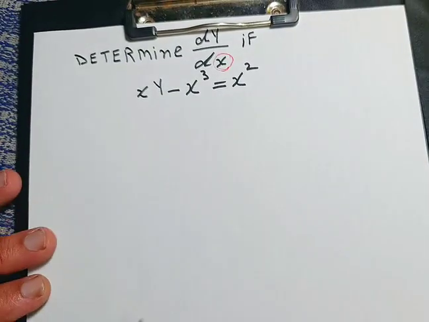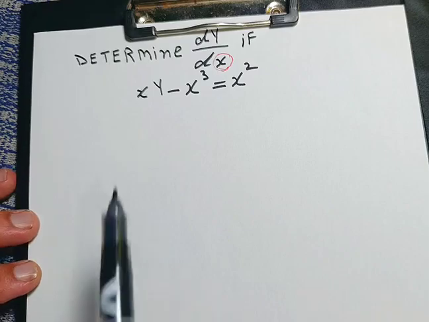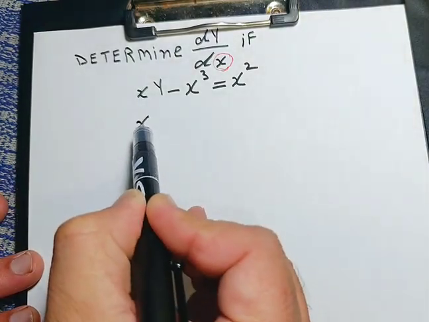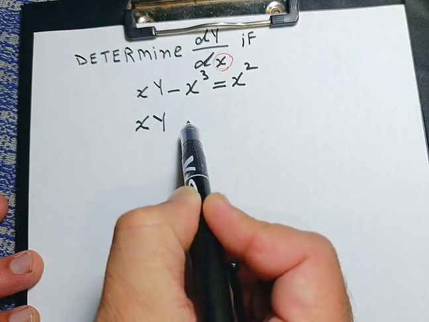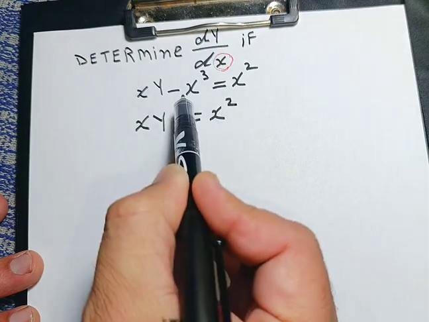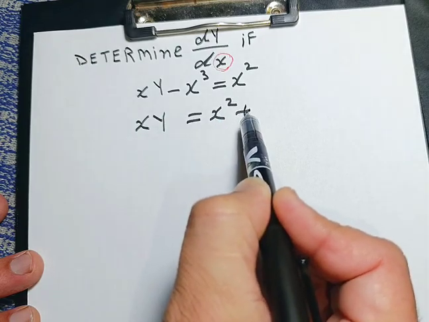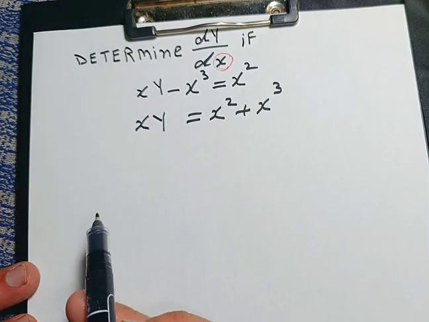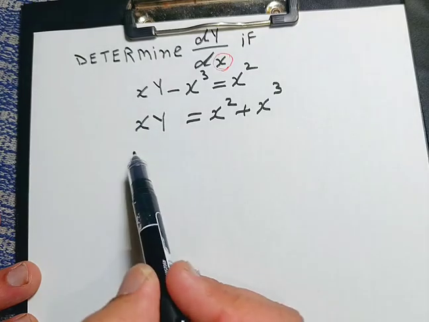So now, first of all, I need to isolate the y. So xy is going to be equal to x power 2, negative x power 3 becomes positive x power 3. Now obviously I have to isolate the y.